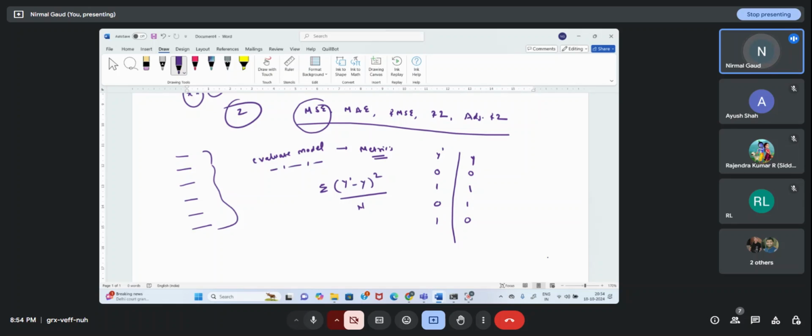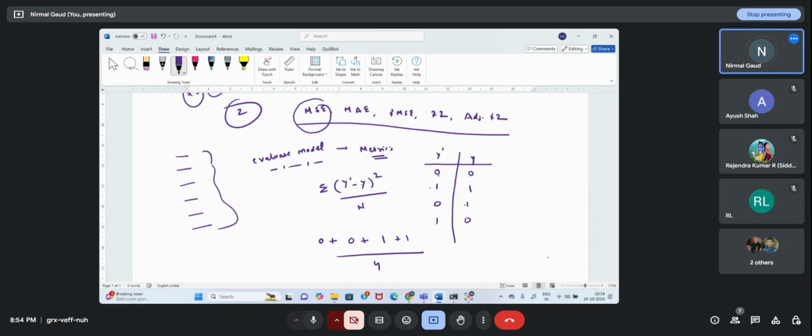So if we perform this MSE over it: 0 minus 0, square is 0, plus 1 minus 1, square is 0, plus 0 minus 1, square is 1, and the next one is also 1.